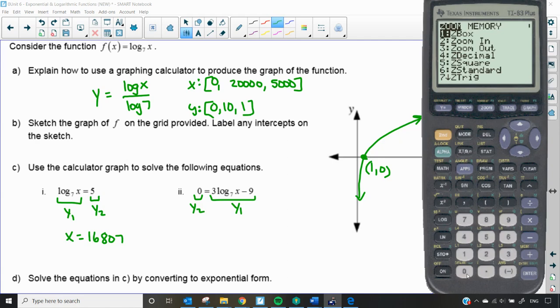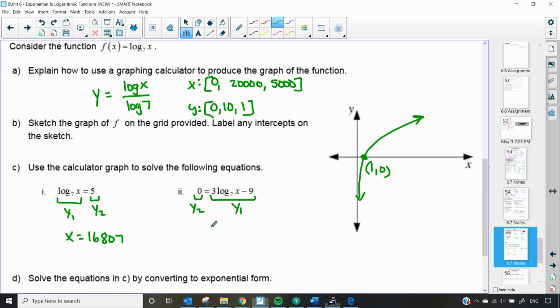Again, we can use zoom fit to graph our equation. All right, so second calc, intersect. And we have x equaling 343.